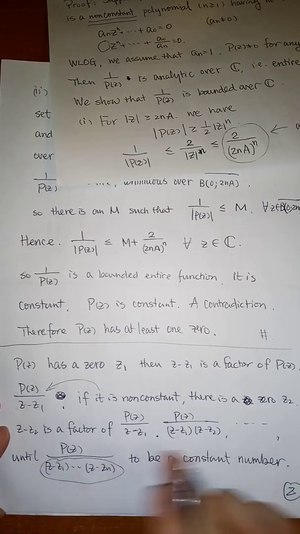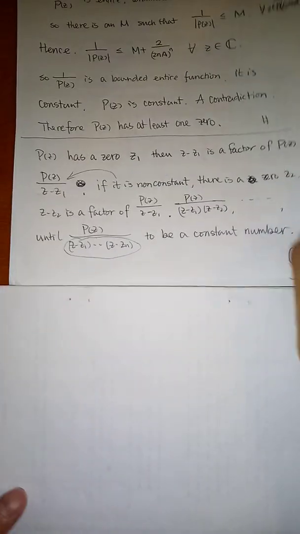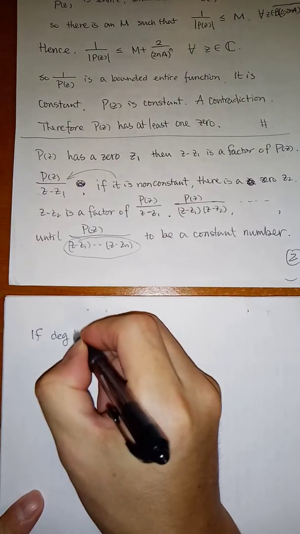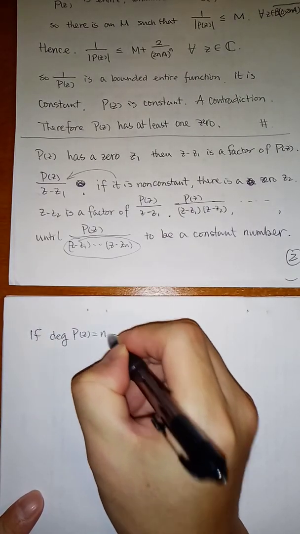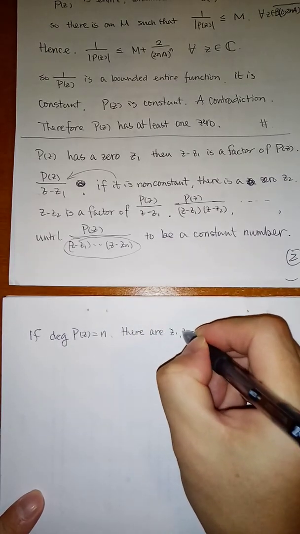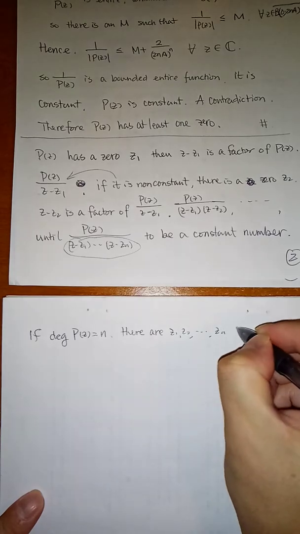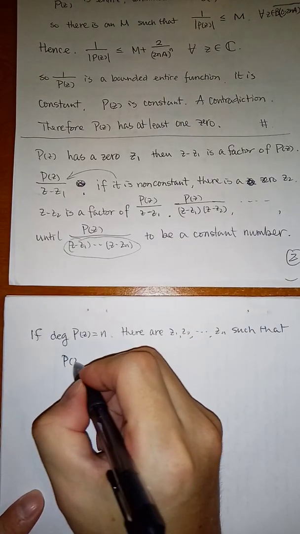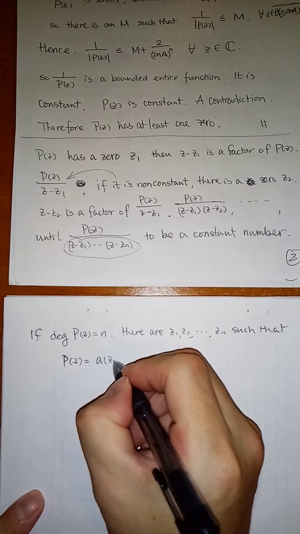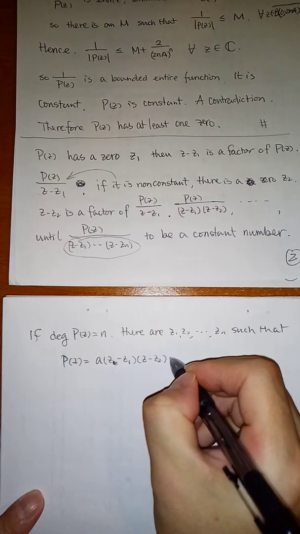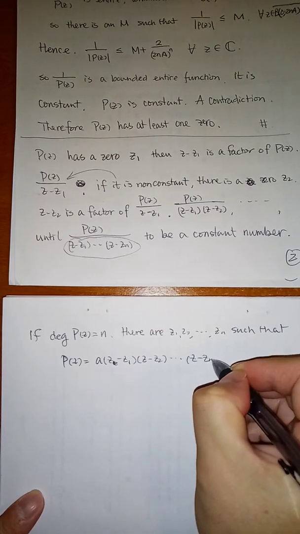So by this we can see that if the degree of p of z is n, then there are z1, z2, up to zn such that p of z is equal to a times z minus z1, z minus z2, up to z minus zn.